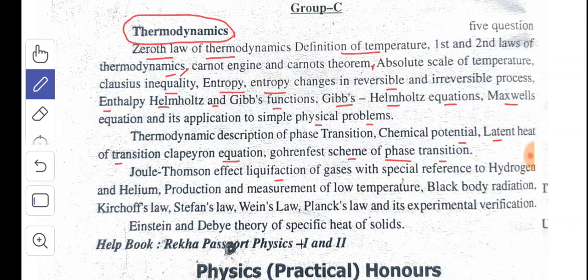This is the syllabus of paper 1 and paper 2 for physics, first year, part 1 students.